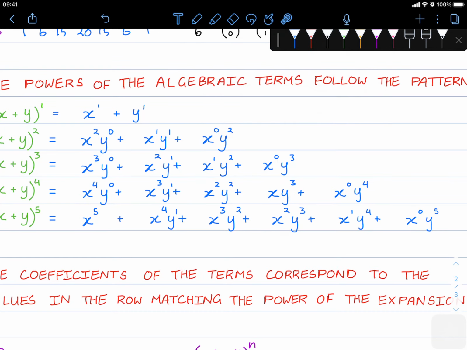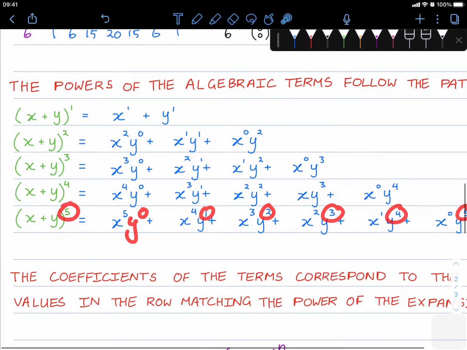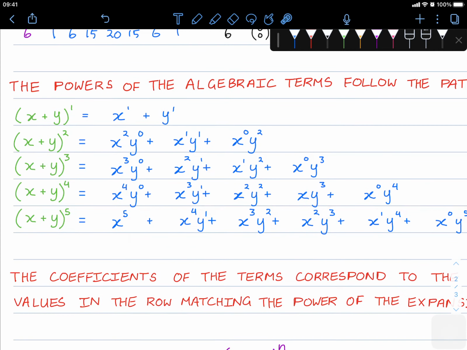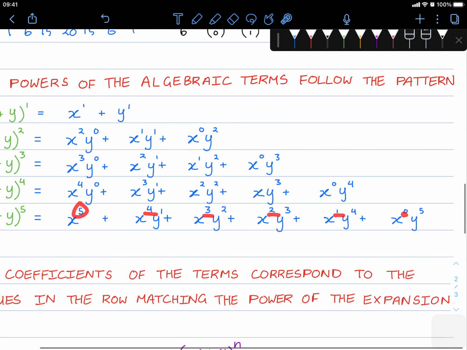So take a look. y: 0, 1, 2, 3, 4, 5, all the way up until it matches the power. As for the x, we begin on the 5 and we go backwards. So 5, 4, 3, 2, 1, and then 0, which we actually don't write at all.